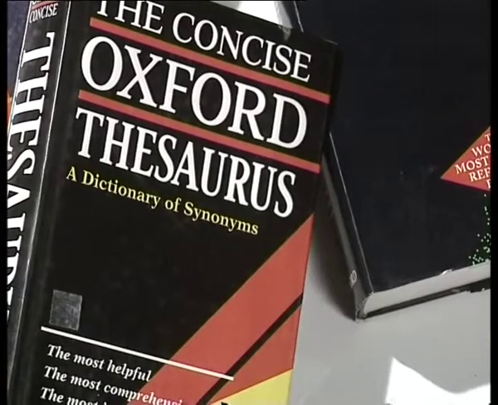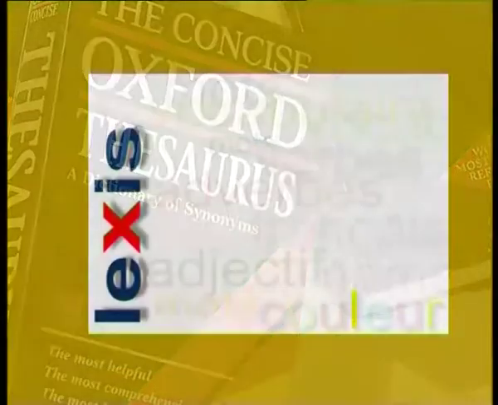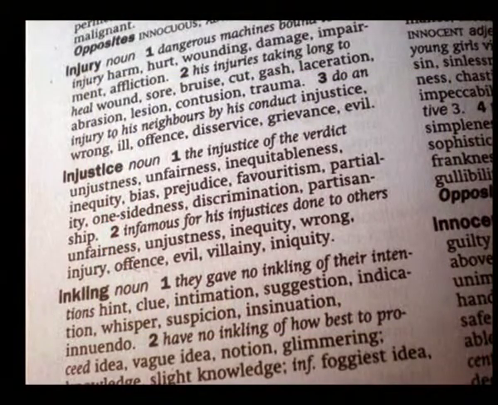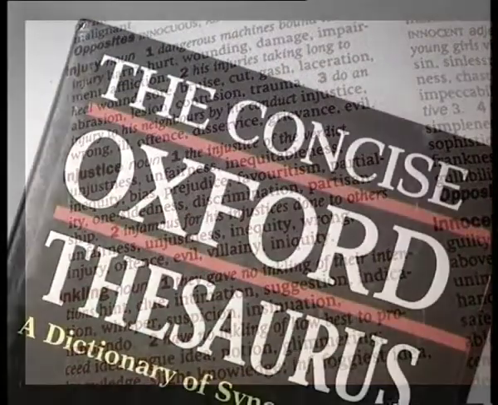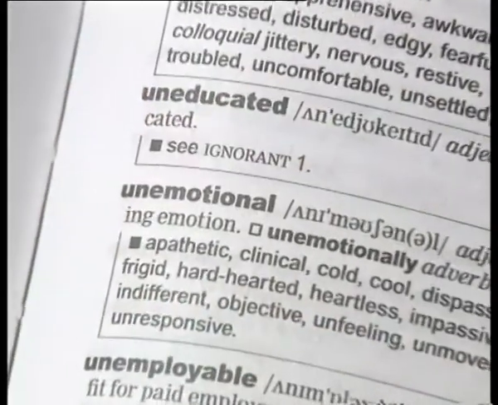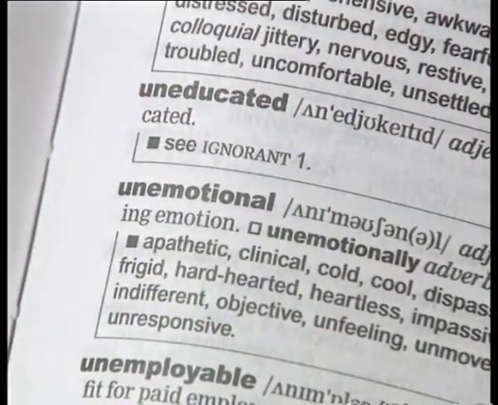A thesaurus takes all the lexical items that it contains and arranges them in a single, comprehensive taxonomy. A thesaurus presents information about words in a very different way from a dictionary.